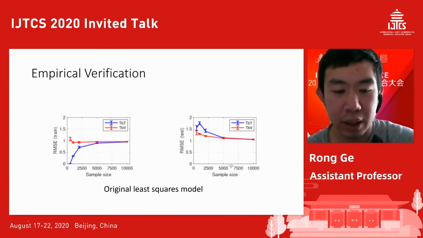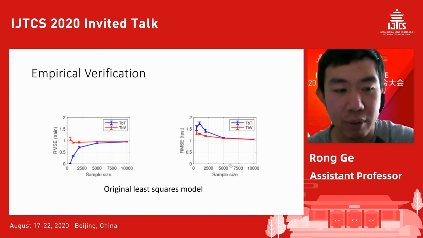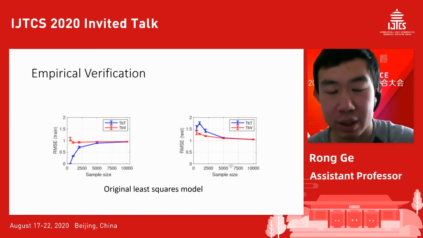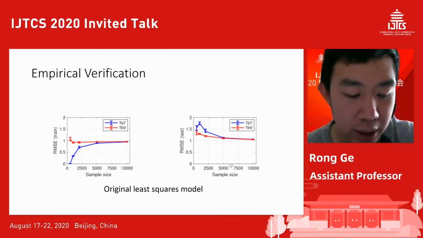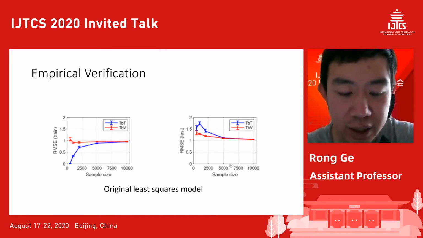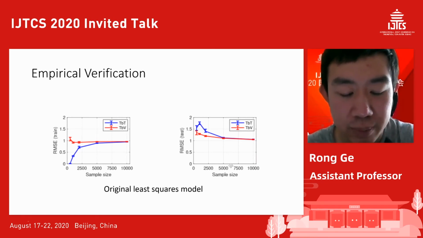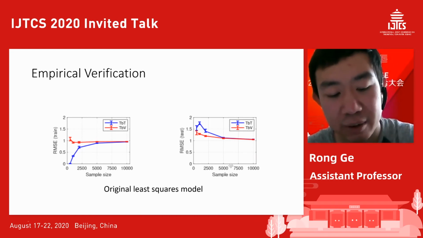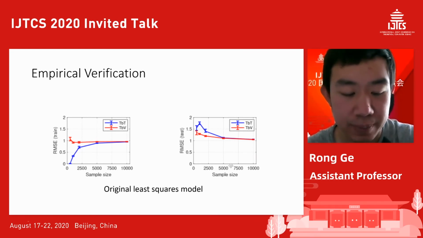Okay, so we also ran some experiments verifying these results. So first, we try to verify these results on the original least squares model that we proposed. As you can see on the left figure, the blue plot is the performance of train by train, and the red curve is the performance of train by validation, and the left figure is the training loss.